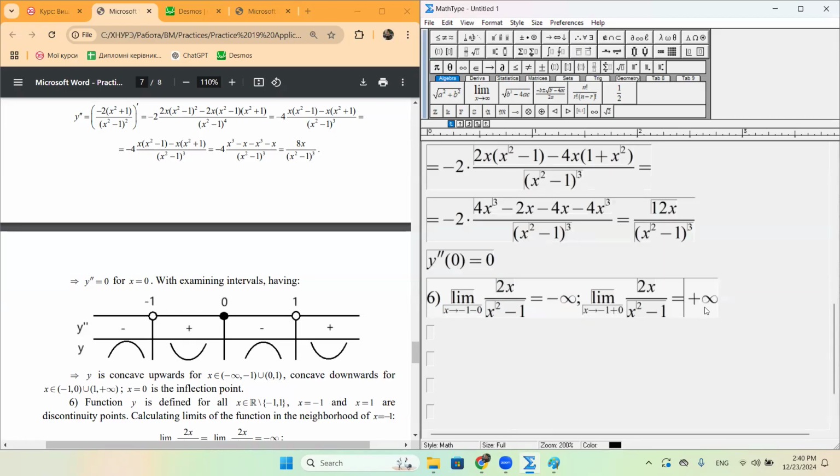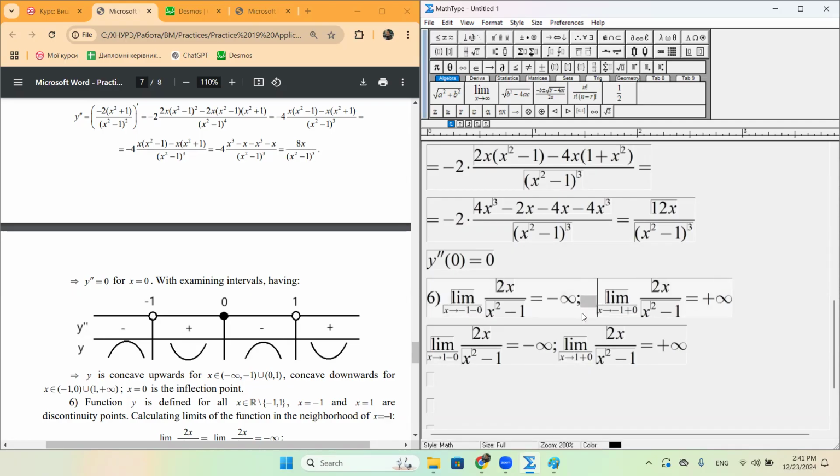These limits are infinite, so we know that it is a breakpoint of the second kind. So let's check these. Here it is -infinity, and here plus infinity.